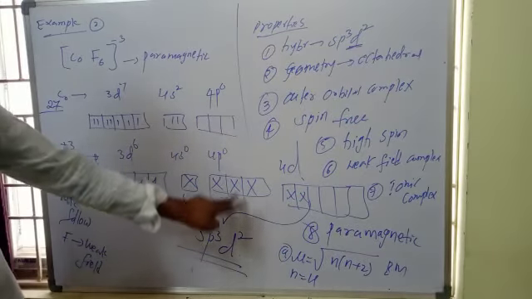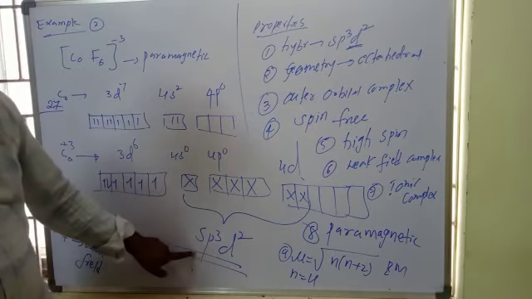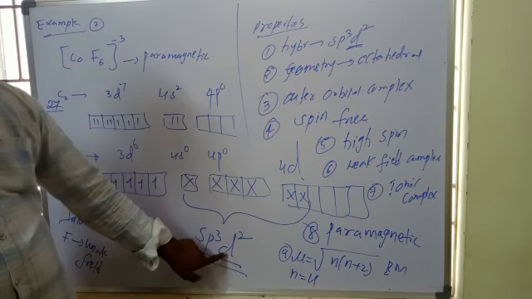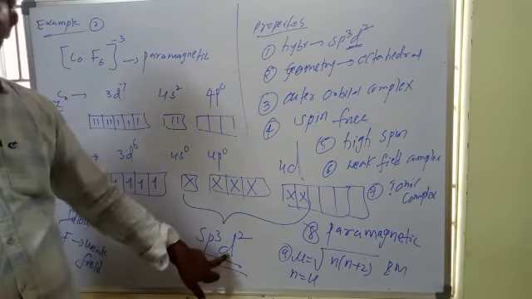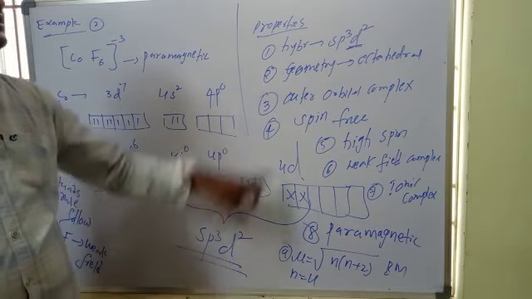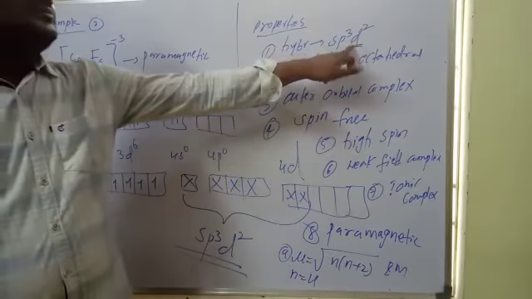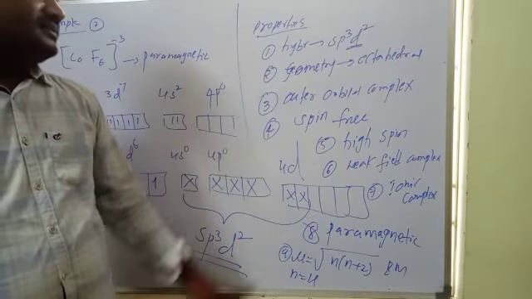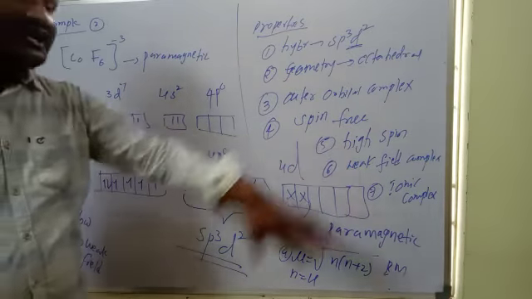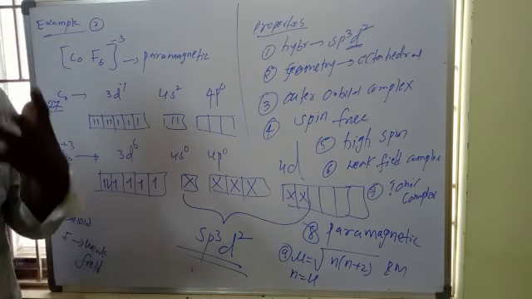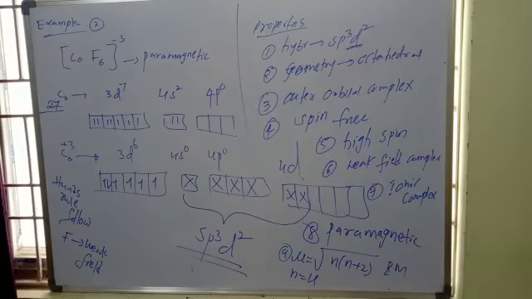That is 1 s orbital, 3 p orbitals and 2 d orbitals, so sp3d2 hybridization. Since the nd orbital of the outermost shell is involved, the geometry is octahedral. This is an outer orbital complex, spin free because all electrons are free, and high spin. It is also called a weak field complex, and an ionic complex.